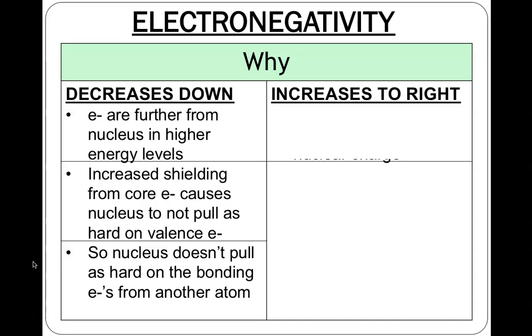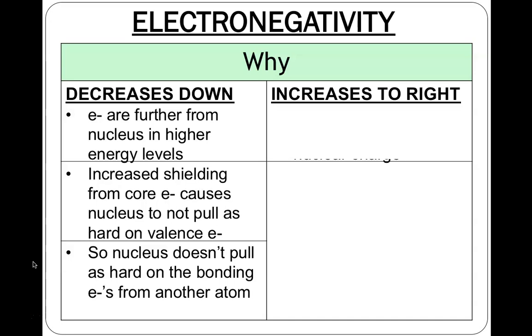So the nucleus doesn't pull as hard on the bonding electrons from another atom. It's further away. Imagine two atoms bonded together, the nucleus of one atom trying to attract the electrons of the other atom, and vice versa, is much more difficult when the atom itself is very large due to extra energy levels. That's going down a group.